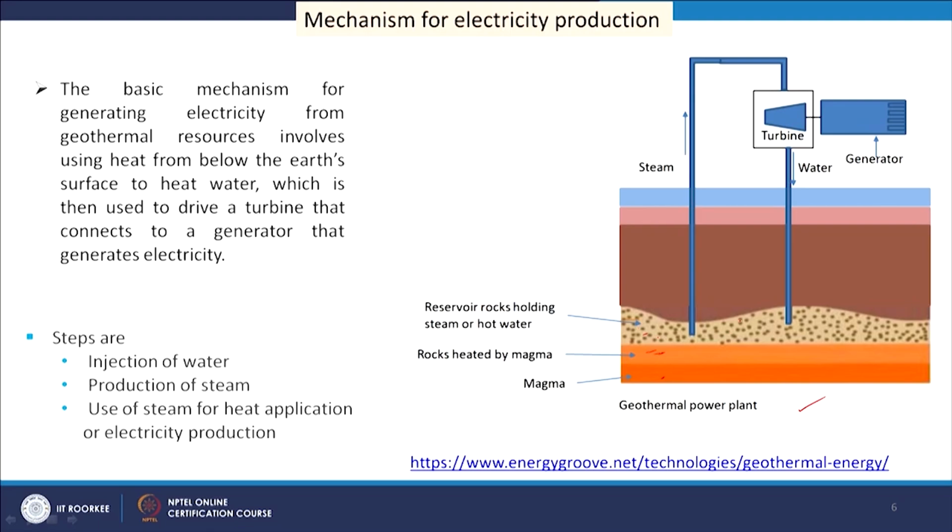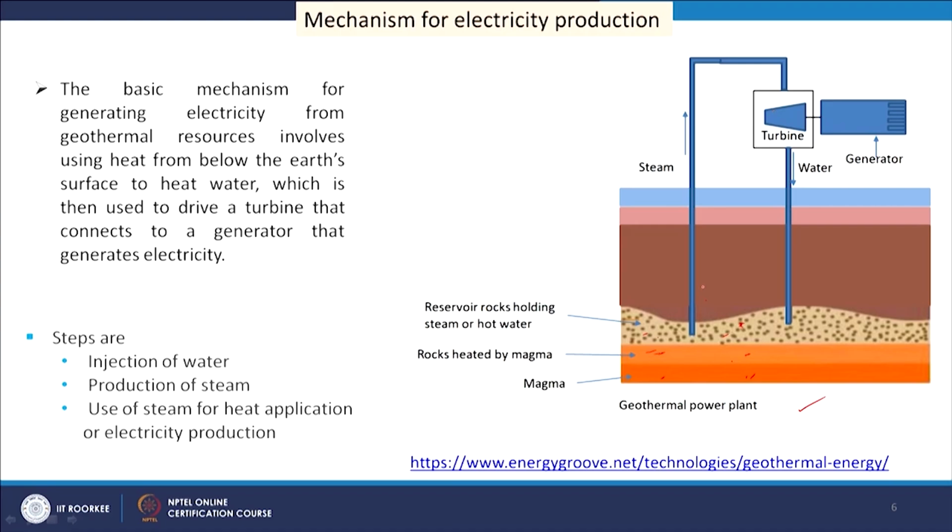Gradually the temperature is lower here compared to the very high temperature near the magma. This rock is molten here, but here the rock is not molten, though it is heated, with sufficient temperature. Water adjacent to this rock can be converted to steam by taking the heat from the rock, and that steam will come out.